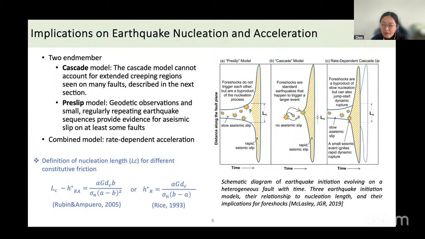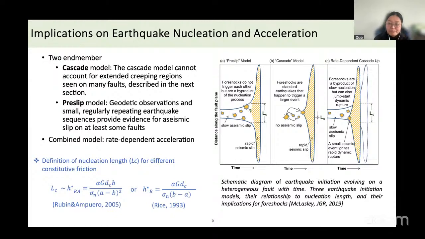And the third model is a combined model, where the fault includes both of the two types in this region. This tells us that if we can observe or capture this foreshock or this aseismic slip with our instruments before the earthquake, it may give us a chance to forecast the coming of the next big event.